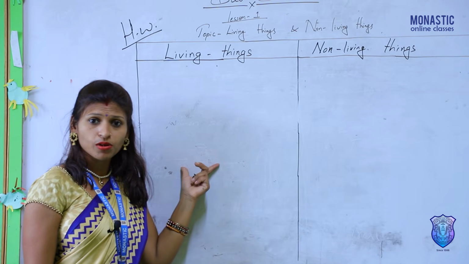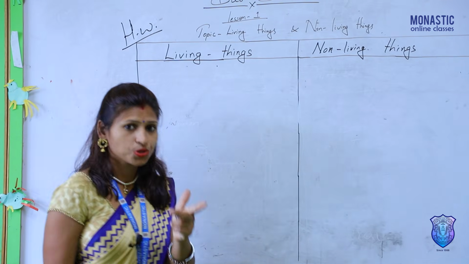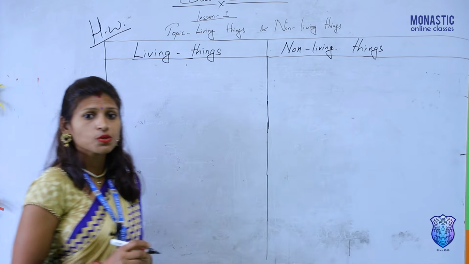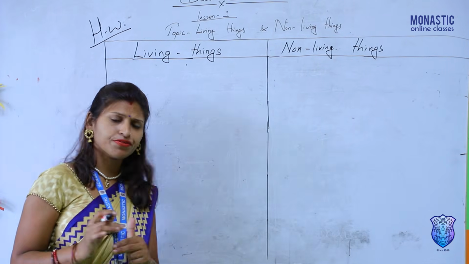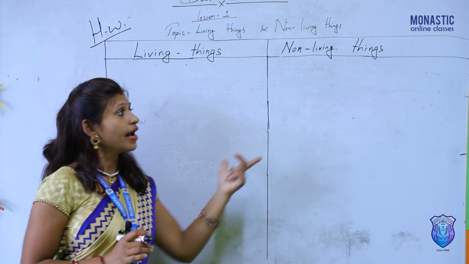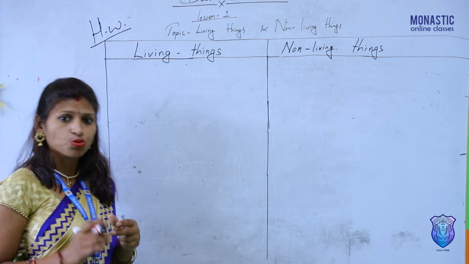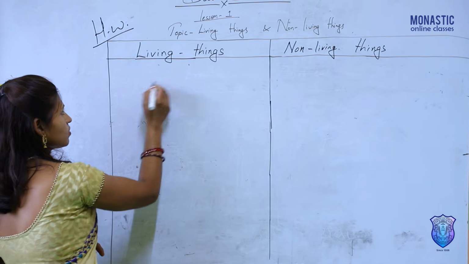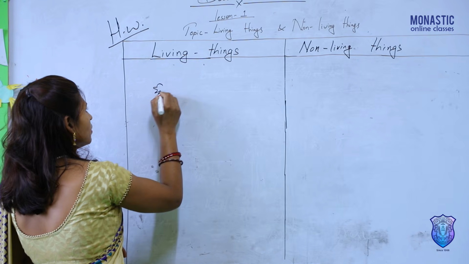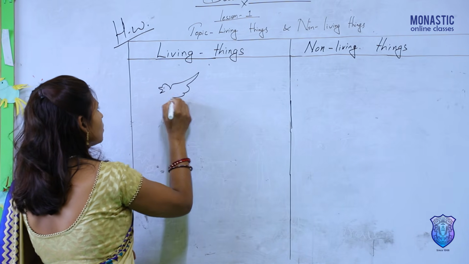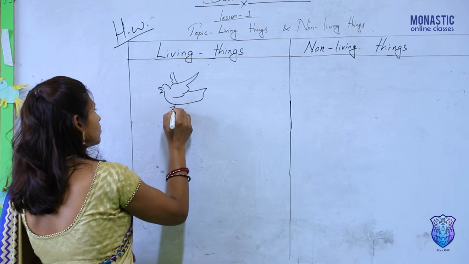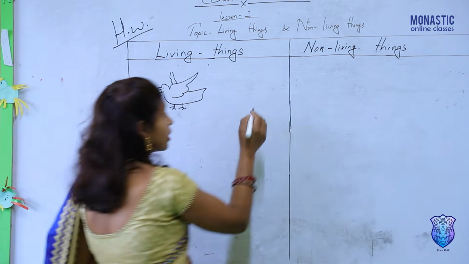Okay, it's one homework, and another project work I am going to give you, that also you have to complete during these holidays. Collect pictures of different types of living things and non-living things and paste those cuttings on it, like here. I will show you just here living things. It's a picture of a bird. And tell me more living things.